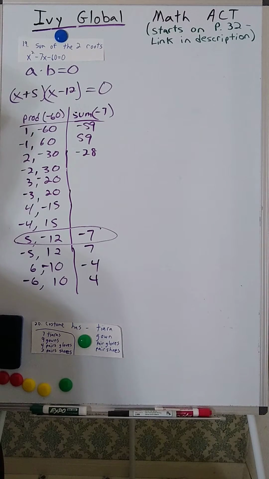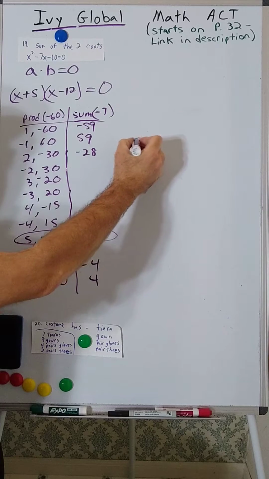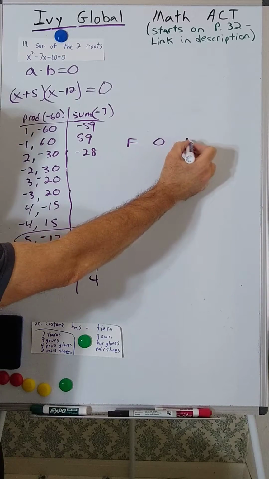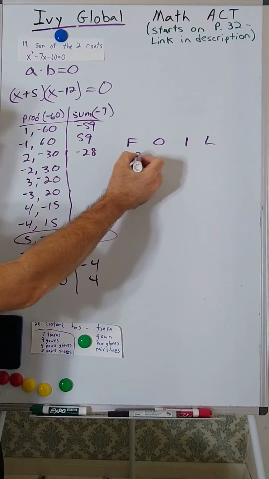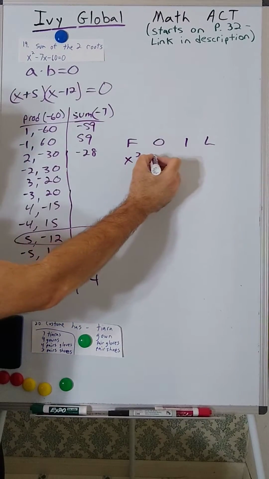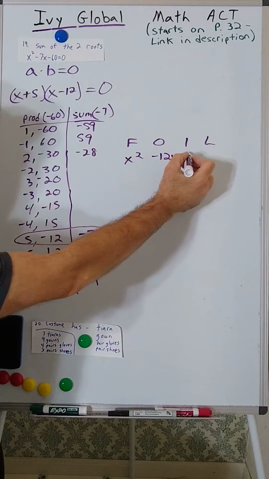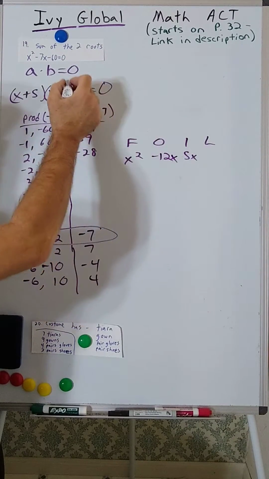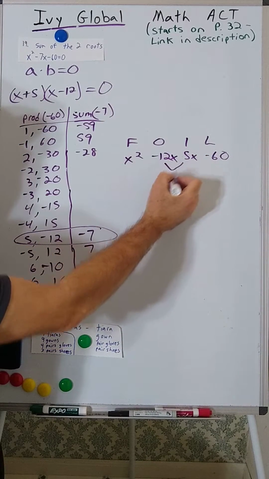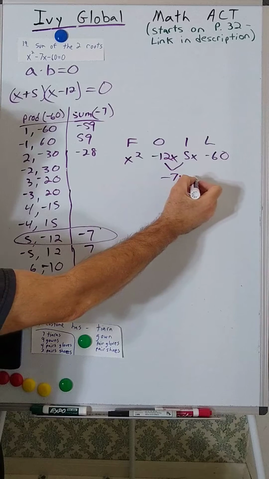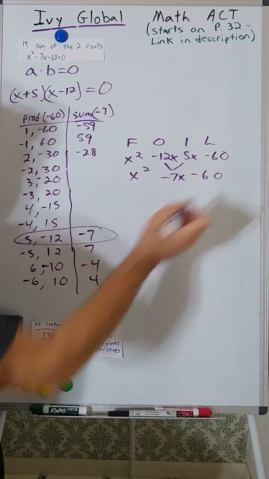All right, so if we multiply this out, and we do first, outer, inner, last, so we multiply first terms, x squared, outer, the opposite of 12x, the inner, 5x, and the last, negative 60. We add these up, we get x squared minus 7x minus 60.